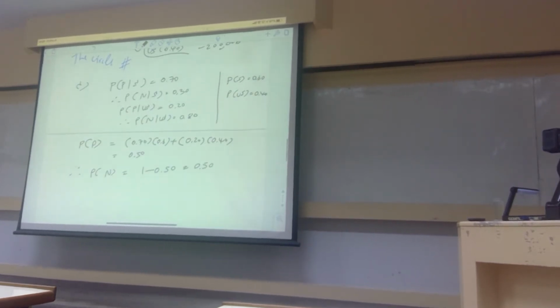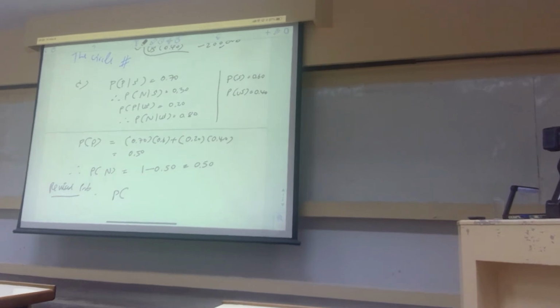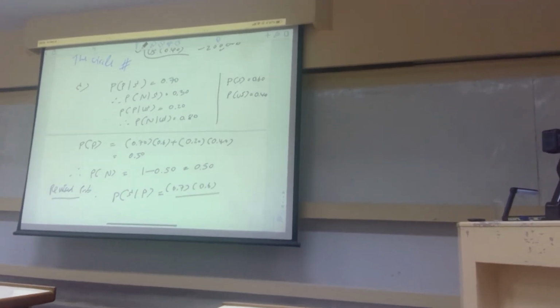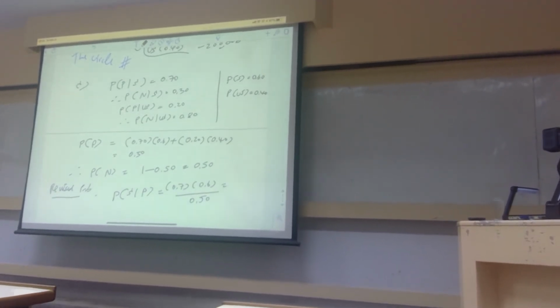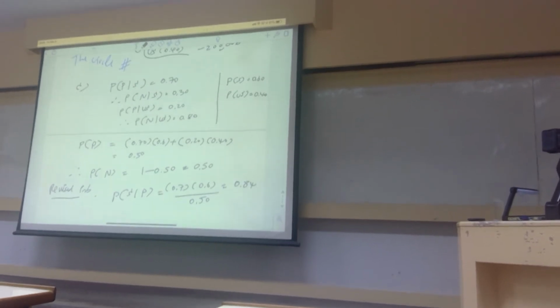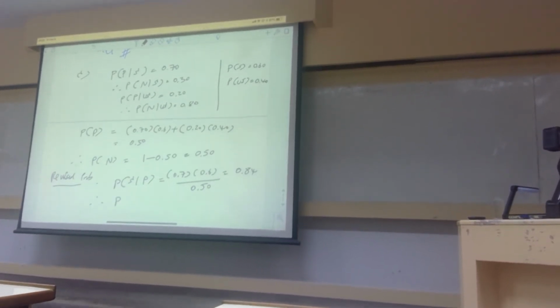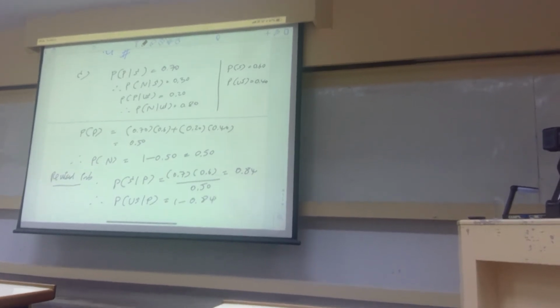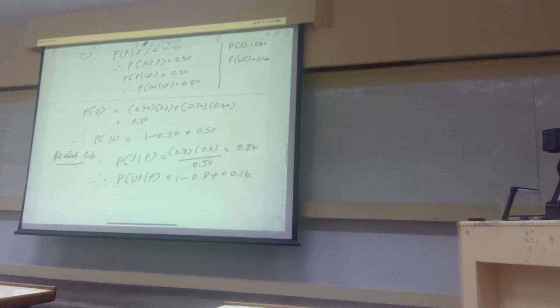So how about we write the probability? We try to find the probability of success given positive: 0.7 times 0.6 over 0.5. Therefore, the probability of success given positive is 0.84.